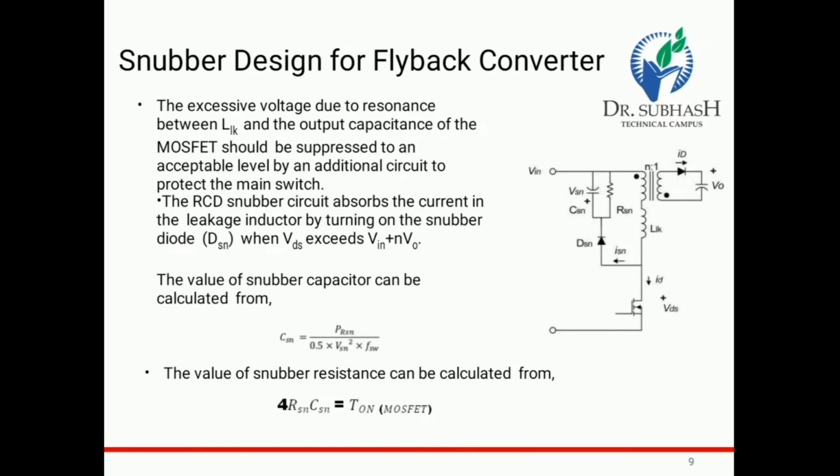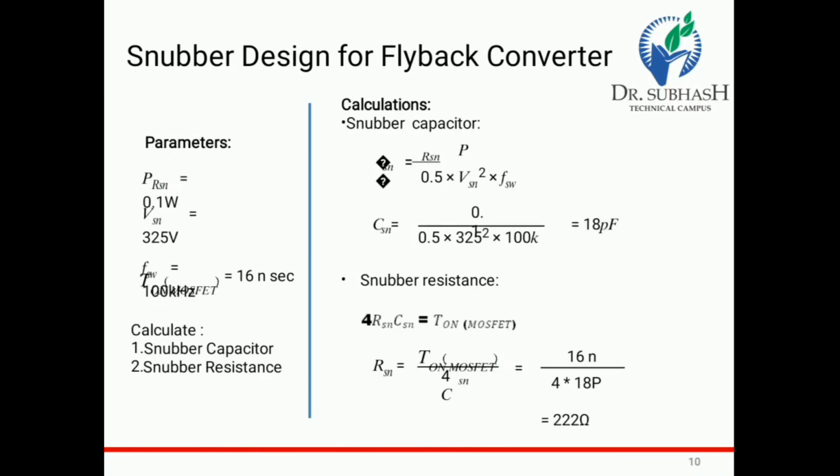So for snubber design in a flyback converter, we use the MOSFET circuit. These are the two important equations for designing the snubber circuit: first the snubber capacitance and second the snubber resistance.